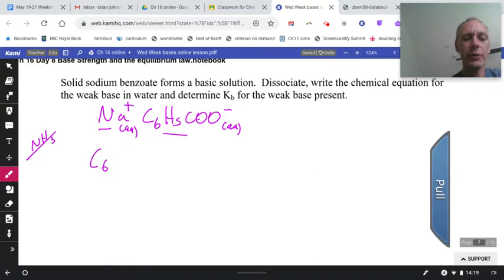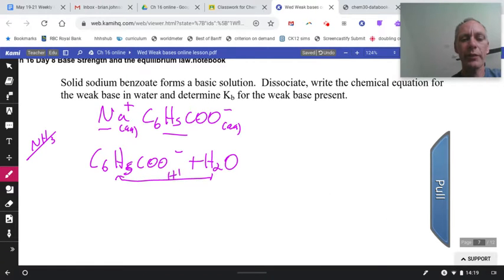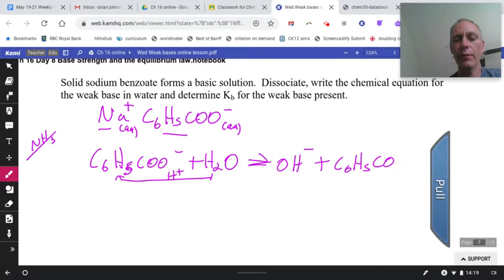So let's show the reaction first. Like every weak base in water, this will accept a proton to make our hydroxide, and this becomes C6H5COOH. It gained an H plus, so it lost its minus.